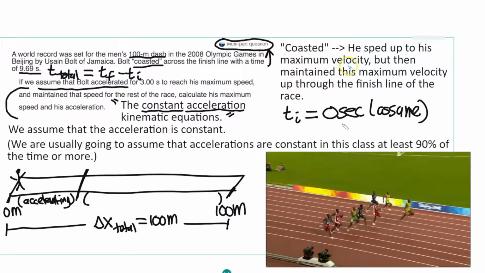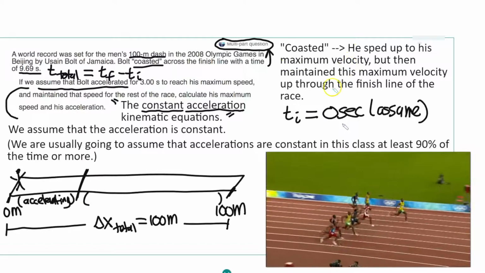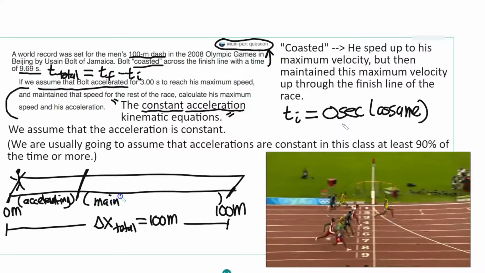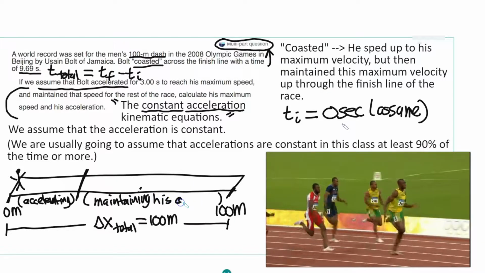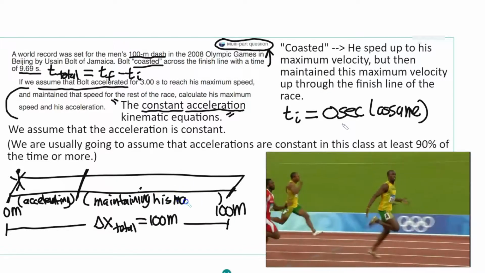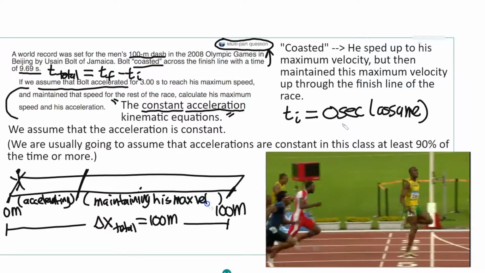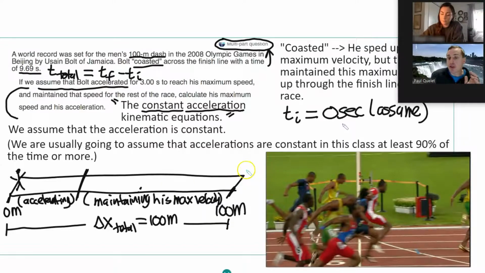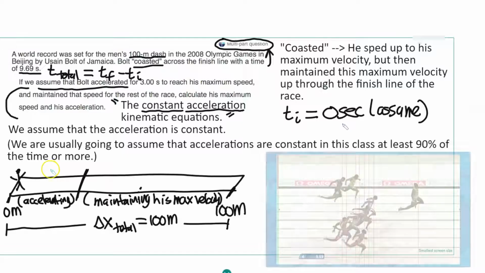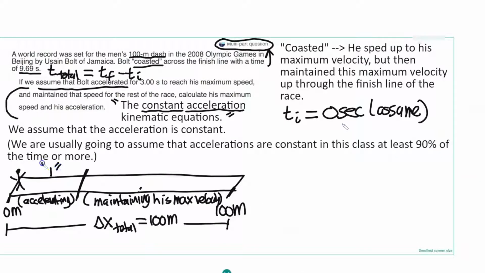We already kind of set it up here on the upper right. Exactly. He's maintaining his maximum, you should say, maximum velocity. Do you see that? So for simplicity, why don't we call this time period 1 and this time period 2?